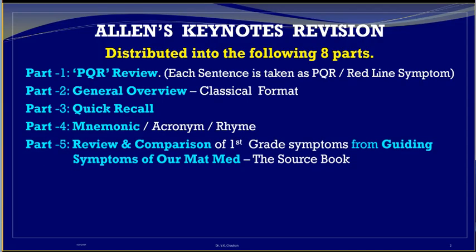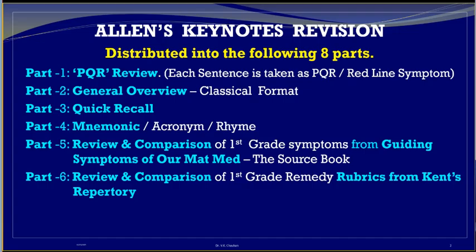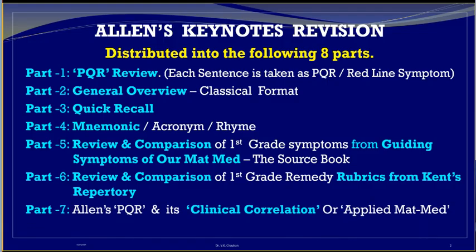Part 5 will deal with grade 1 symptoms from guiding symptoms of our materia medica, which is the source book of Allen's keynote. And then we are going to come to part 6. It is going to have the review of first grade remedy rubrics from Kent's repertory. Part 7 will include a clinical correlation with PQRs, or you can say it is the applied part of materia medica.